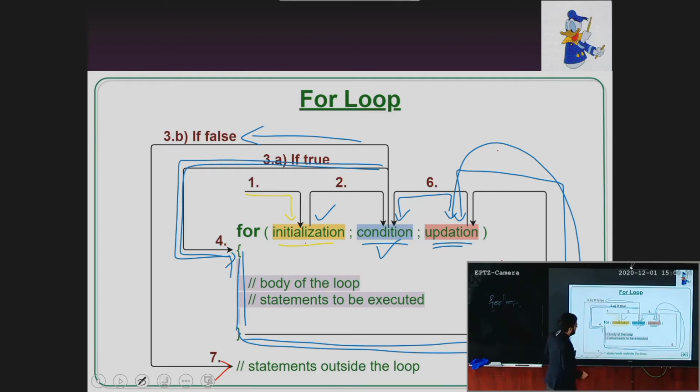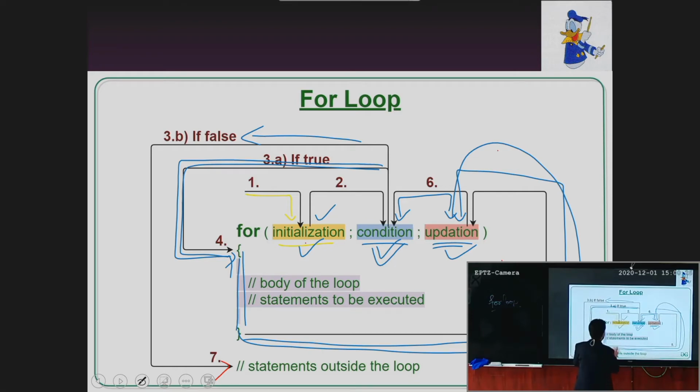So we have seen here that the initialization statement is executed only once, in the first iteration. Condition executes in all iterations, including the first, while updation executes in all iterations except the first iteration.